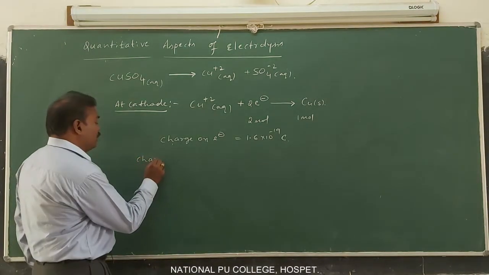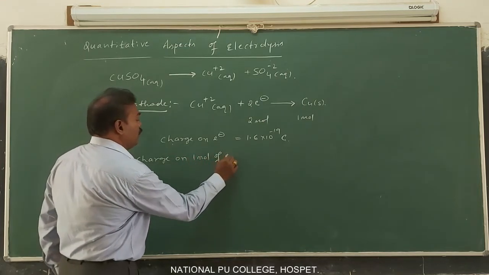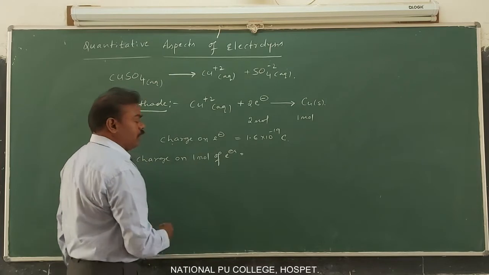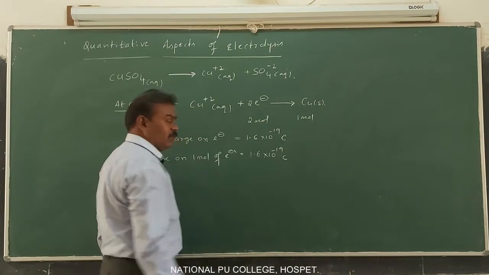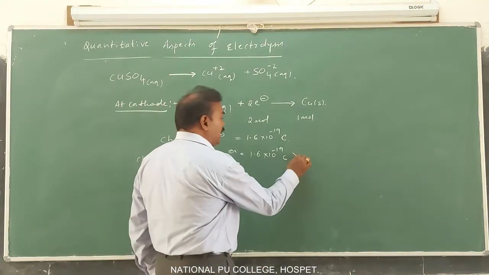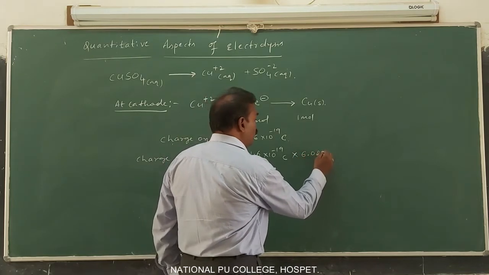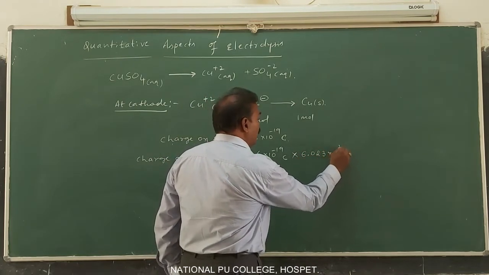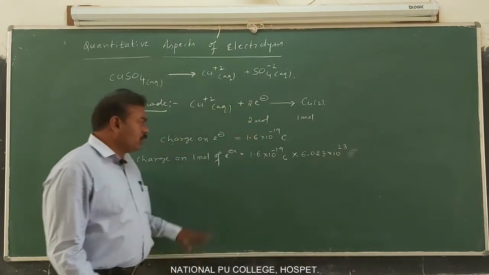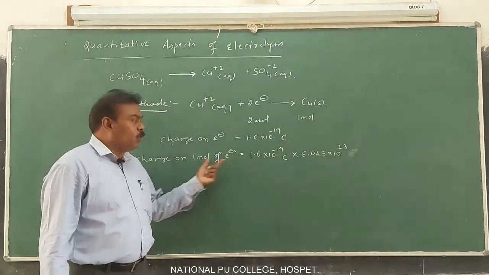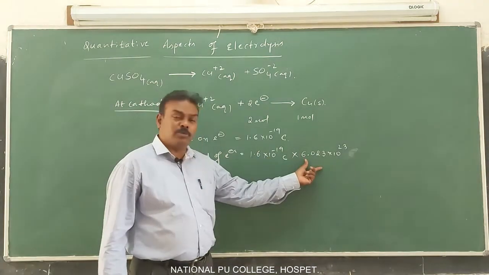The charge on 1 mole of electrons is 1.6 into 10 to the power minus 19, the charge on 1 electron, multiplied by the Avogadro number, 6.023 into 10 to the power 23 electrons.